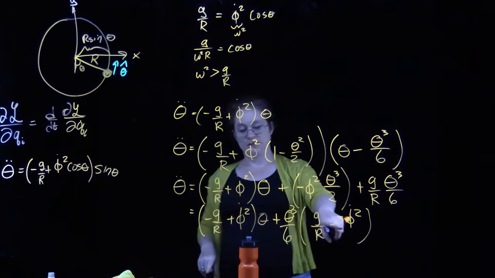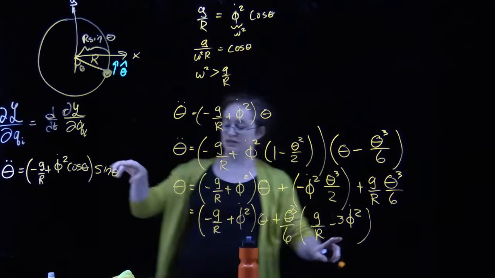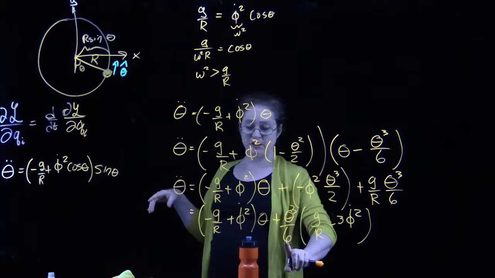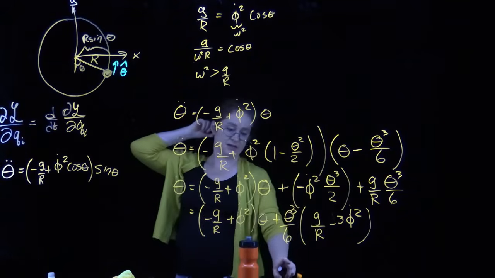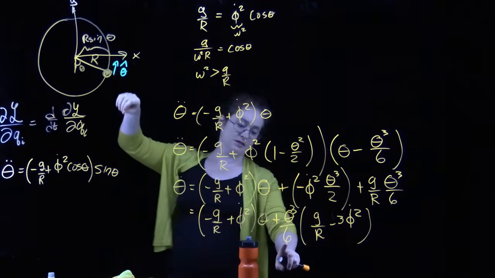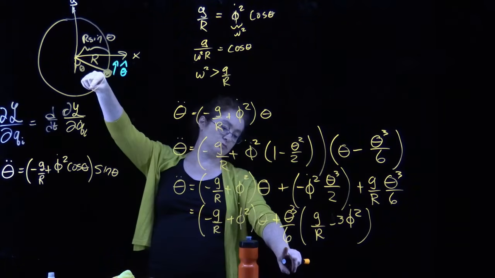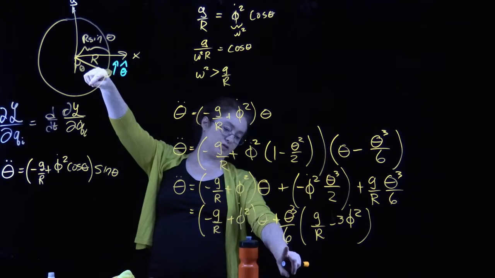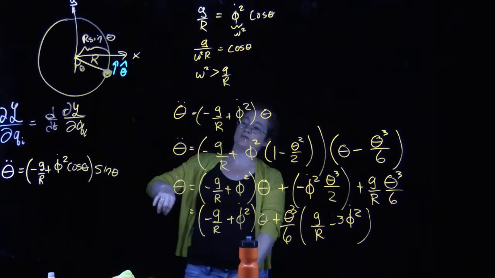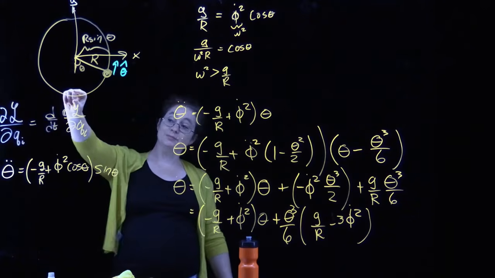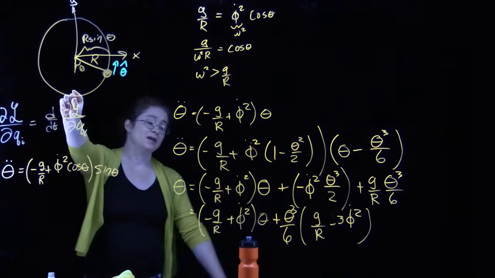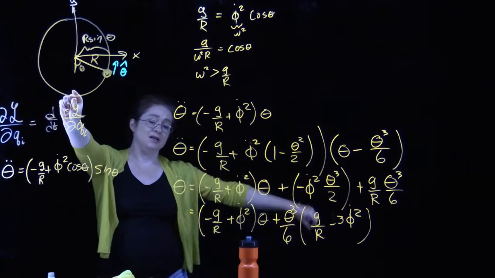So my second derivative is going to be negative if this term is positive. If I'm at the bottom, because I'm close to theta equals 0, this is going to be negative.